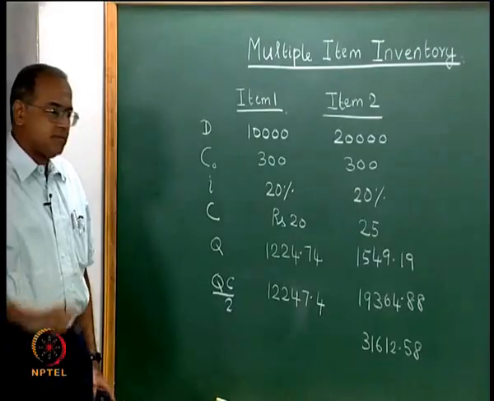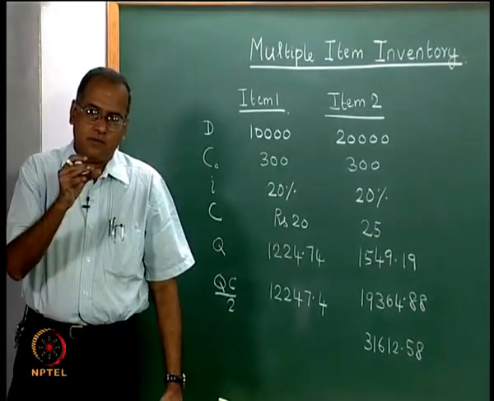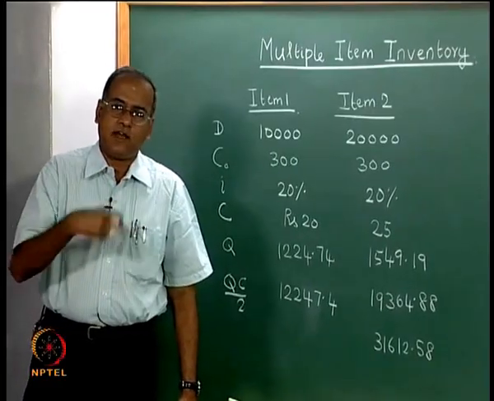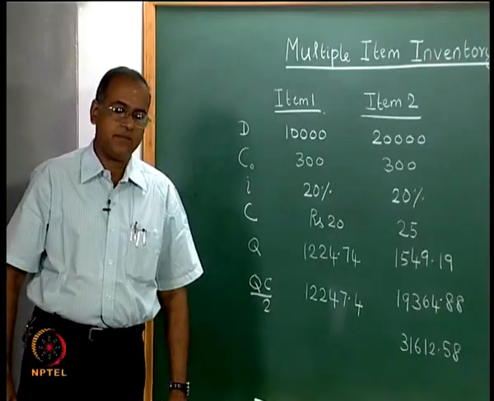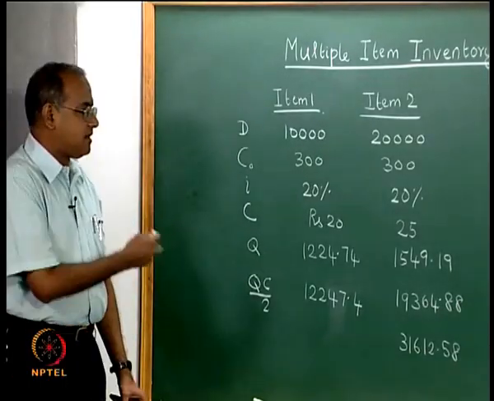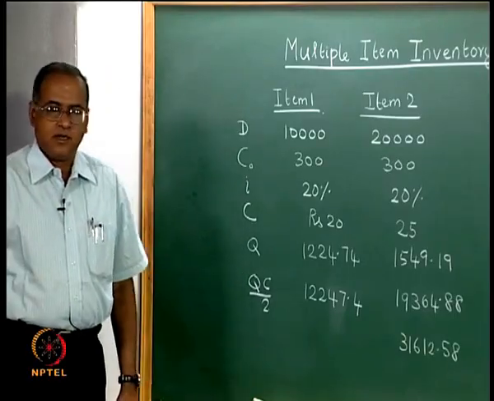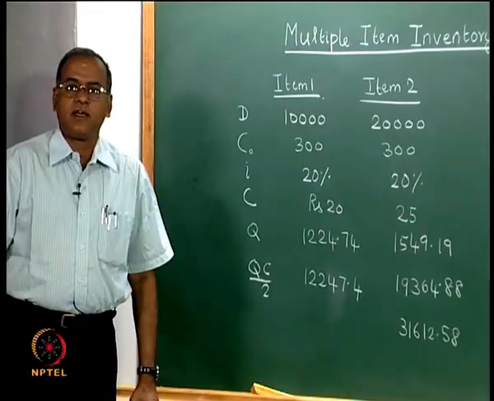Now, these two items put together, we observe that the money value of the average inventory is 31,612.58. In large manufacturing organizations, there would be hundreds and thousands of items, and the money value of the average inventory can be very high.